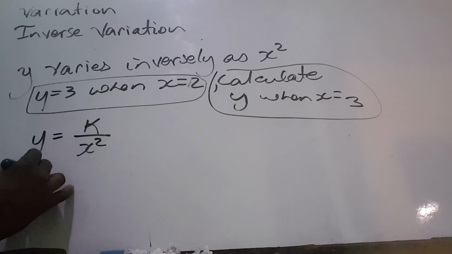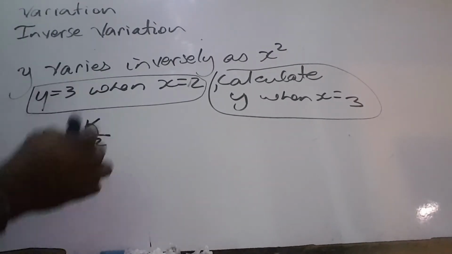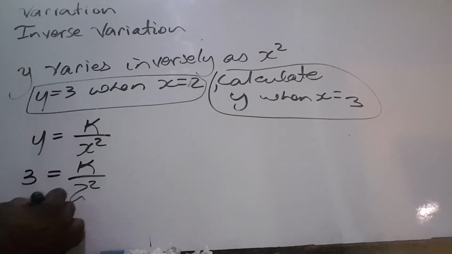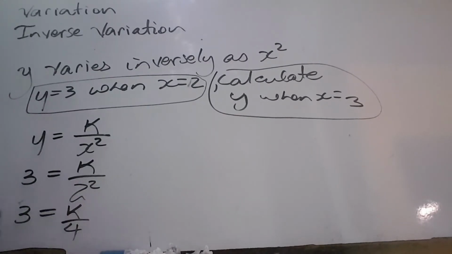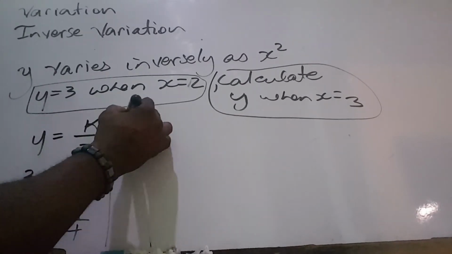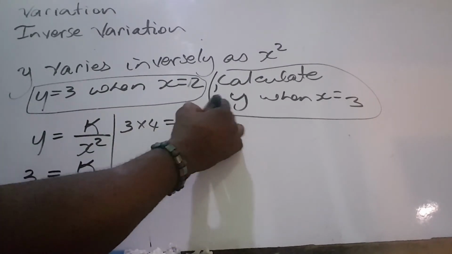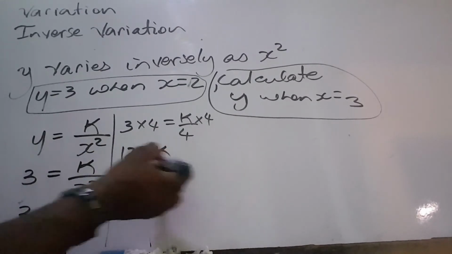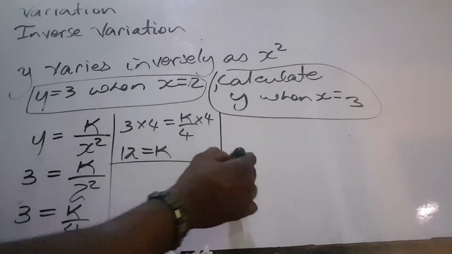Y is equal to 3, so 3 is equal to k over 2 squared. Let's go further. 3 is equal to k over 4. So 3 times 4 is equal to k over 4 times 4, multiplying 4 on both sides. 12 is equal to k, or you want to say k is equal to 12. Same thing. So let's put our constant right there.